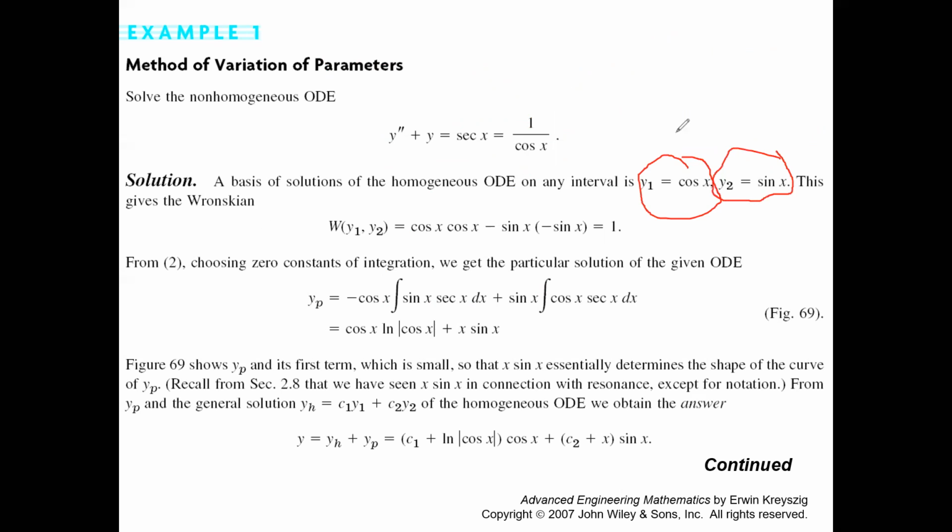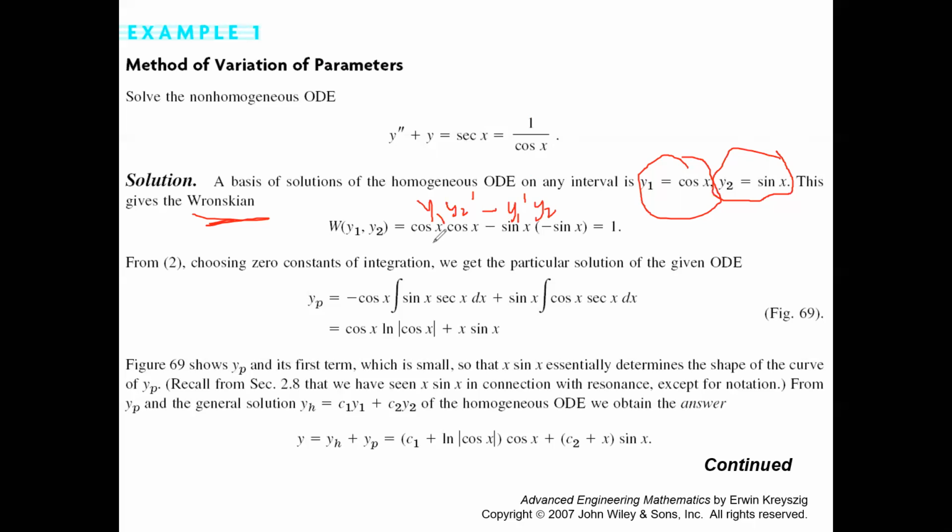Okay, so we find the Wronskian of it. The Wronskian will be y1 times y2 accent minus y1 accent times y2.